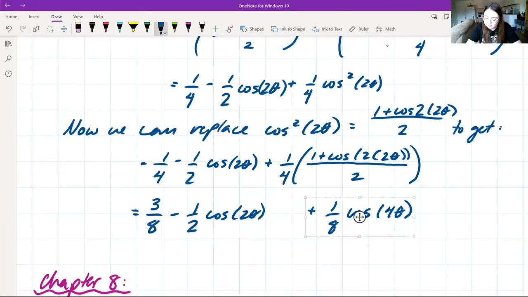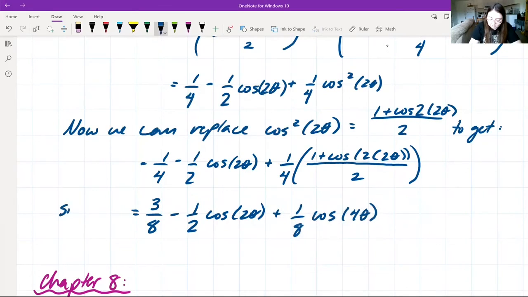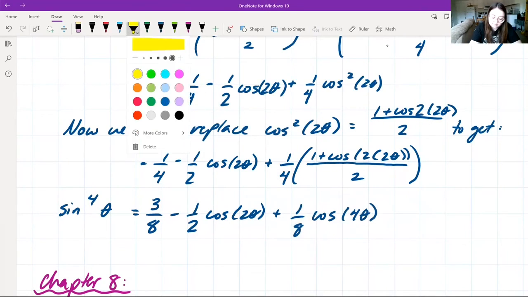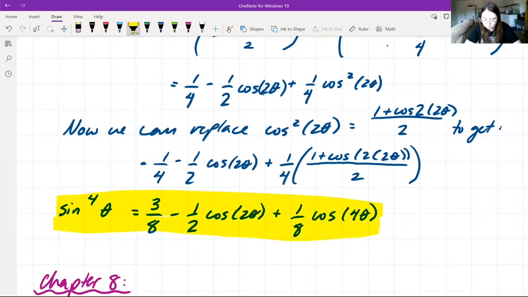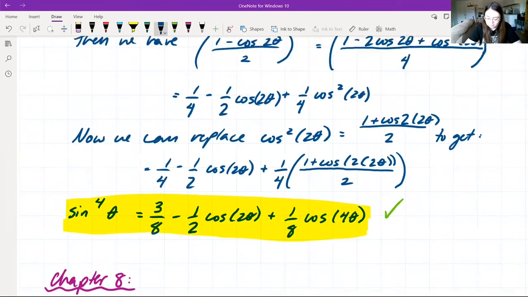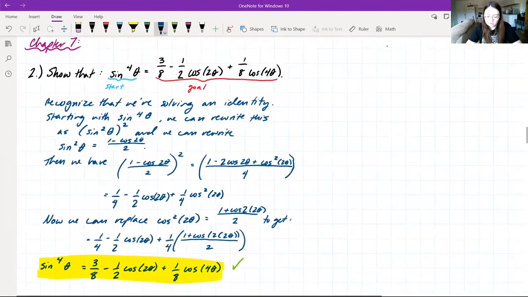So putting this back together, and we know that we started with sine to the power 4 theta, we have established our identity. And there we have it.